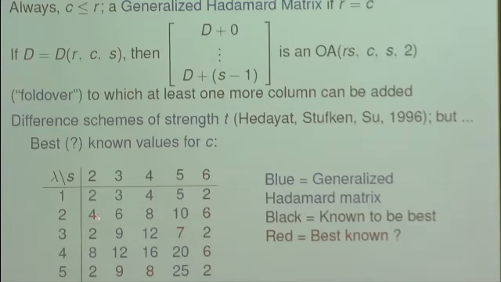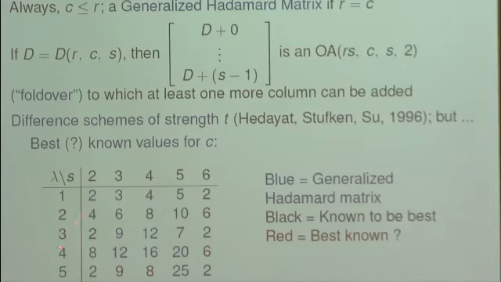If lambda is 2, so remember the number of rows is lambda times S. So if lambda is 1, then we're talking about 1 times 2, S is equal to 2, we're talking about 2 rows. This is a 2 by 2 matrix. Here we're talking about a 4 by 4 matrix. Here we're talking about a 6 by something matrix. Well, it turns out that 2 is the best you can do. You cannot have more columns than 2.